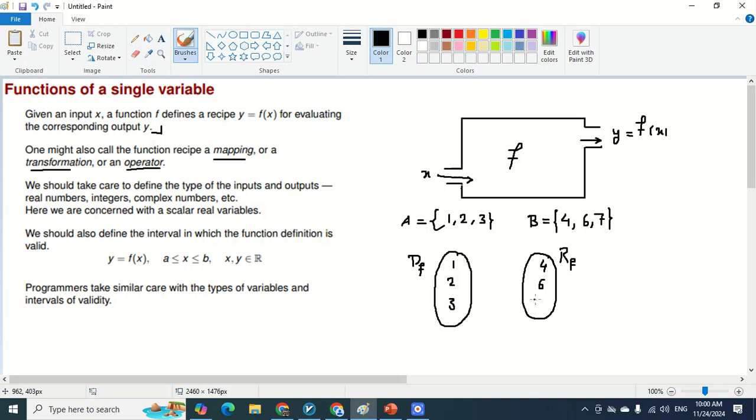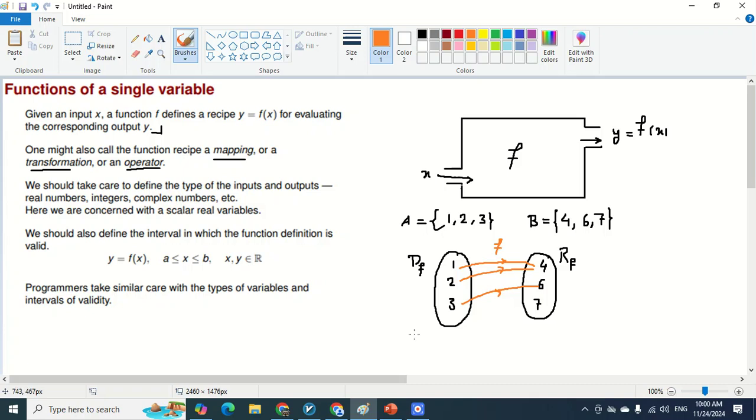So we may draw some arrows and show this correspondence from the domain to the range. For example, 1 maps to 4, 2 maps to 4 as well, and 3 maps to 6. So here we correspond the values of the domain with the values of the range, and this correspondence can be considered as the function f.